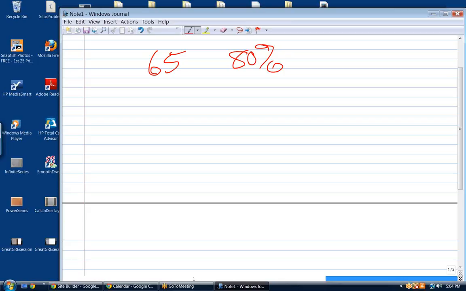All right. Well, I'm waiting for mine to load up here, and then I'll multiply that. Let's see. What is that? 46. So if I take 80% of 65, I get 46.